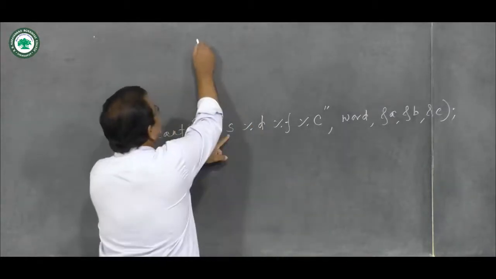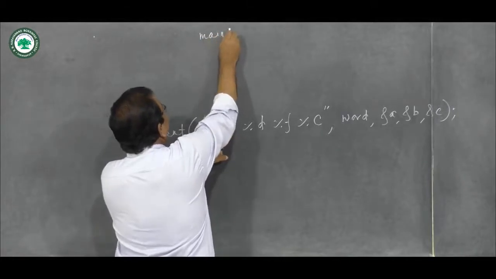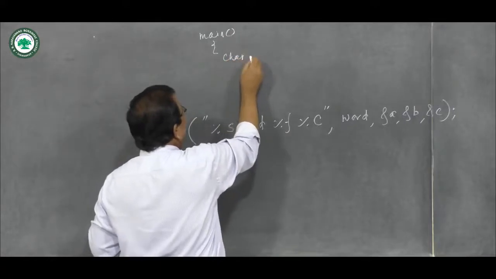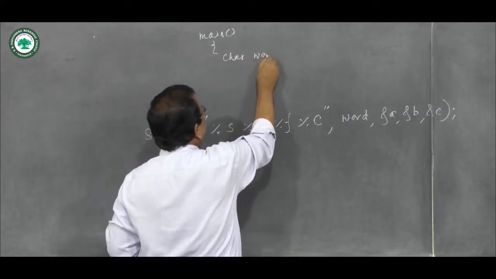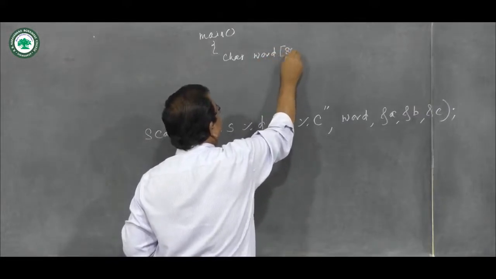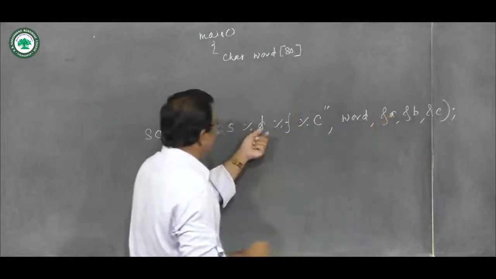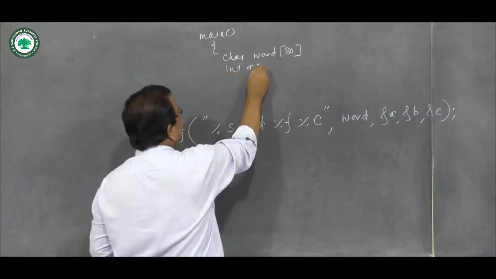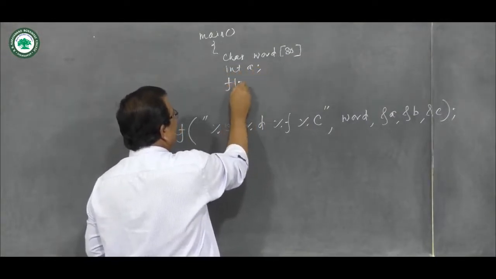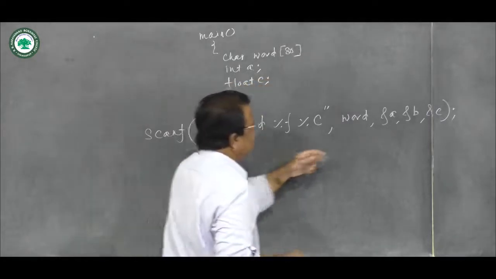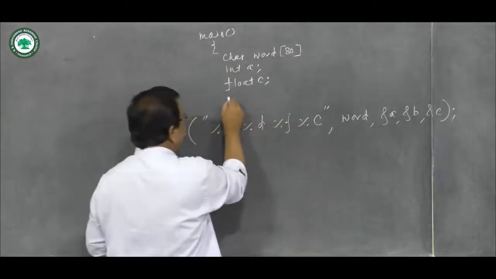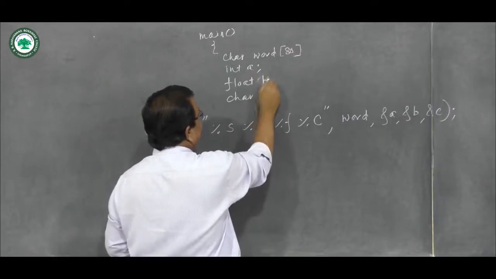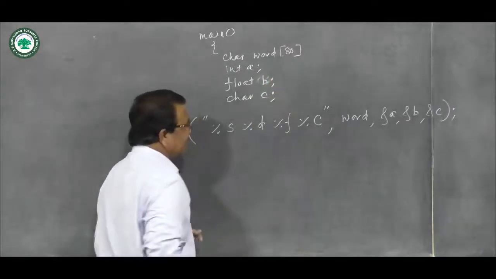Therefore, if I want to declare word, I must declare it as an array, char word[ ]. Then a is a decimal integer, b is a float, so a must be declared as int and b must be declared as float, and c is a character, so c must be declared as char.